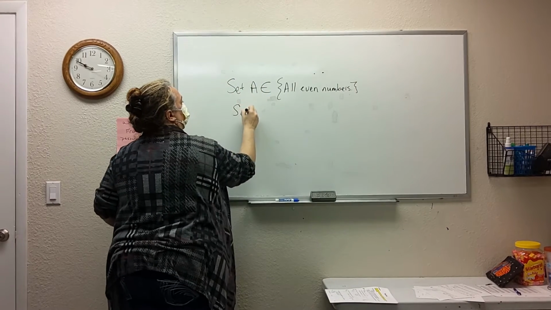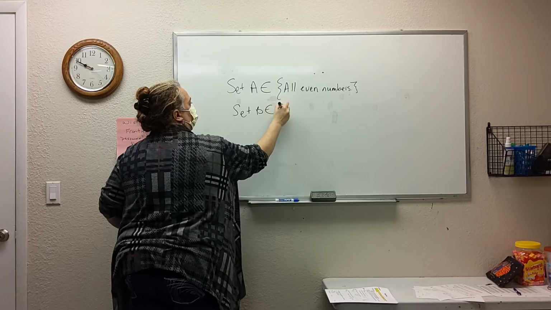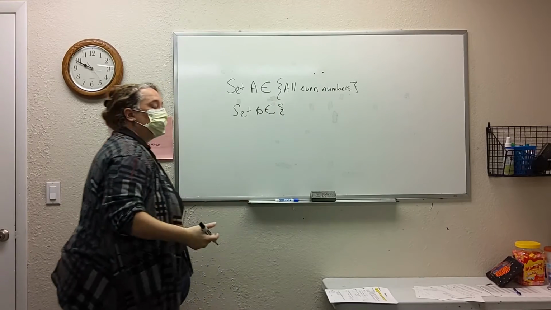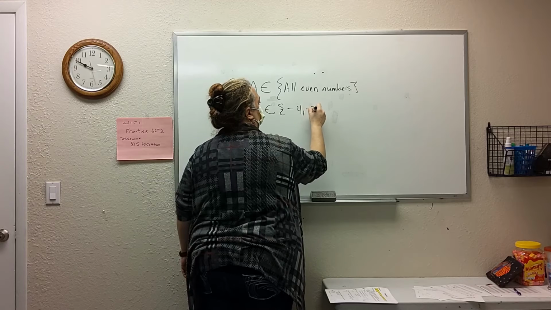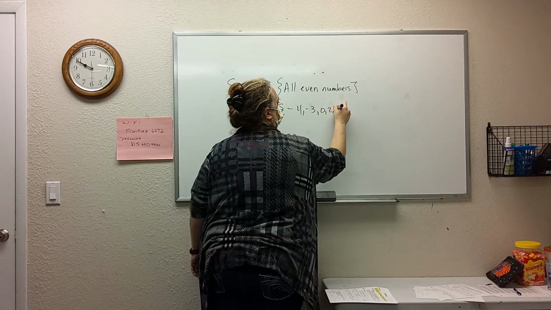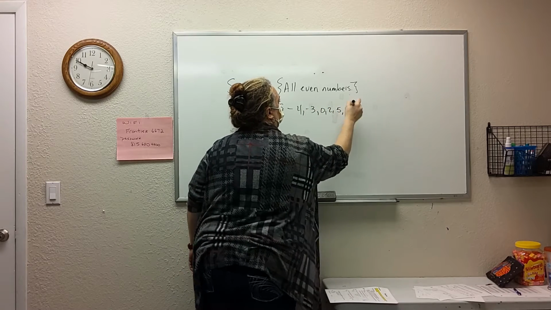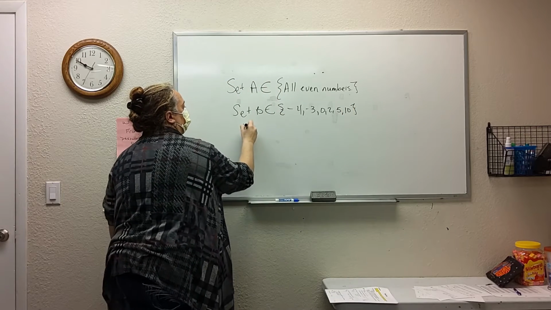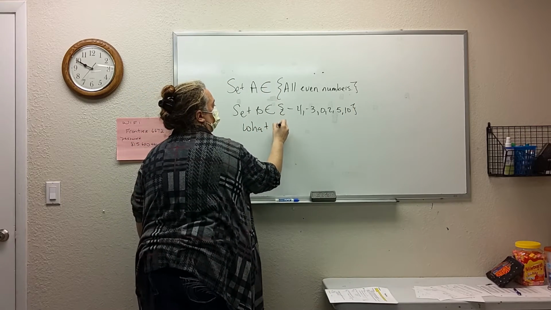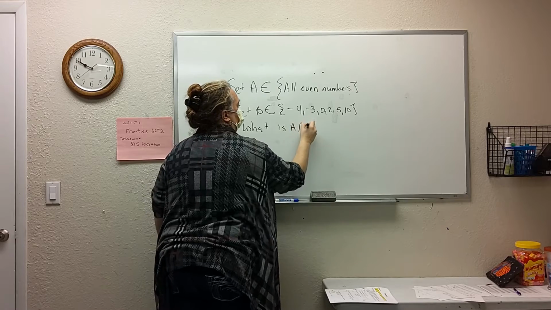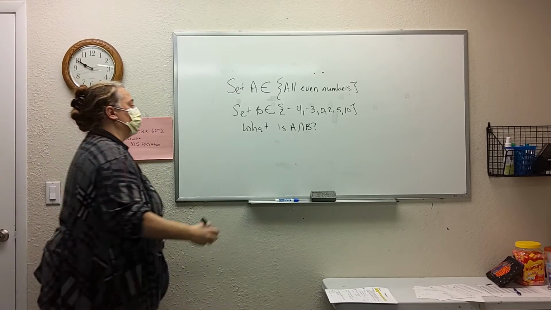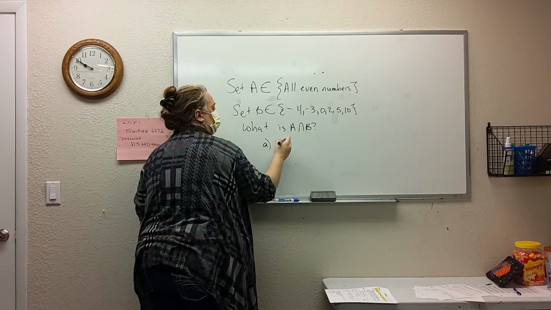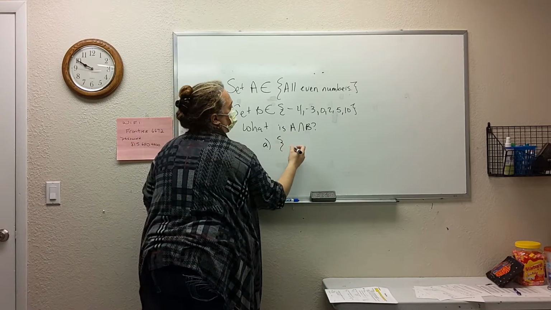Then it'll say set B is comprised of, and it'll give you a random list of numbers. Something like that. And it will ask, what is A intersect B? Okay, your answer choices will look like this. Let's see.